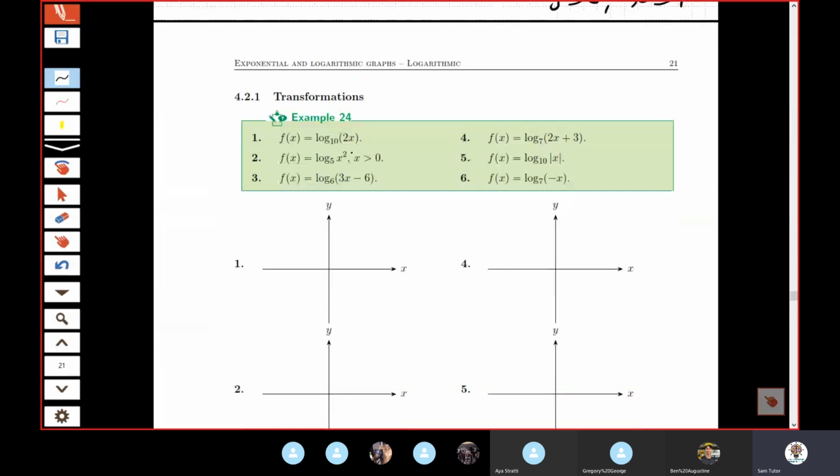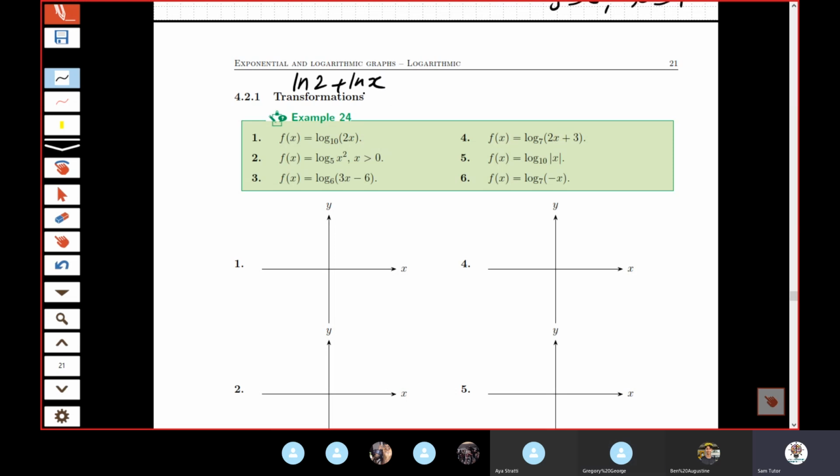It doesn't really do anything, but let's try it out. Log of 2x, sub base 10. Well, if you remember what we did last week, that's the same as saying log 2 plus log x.